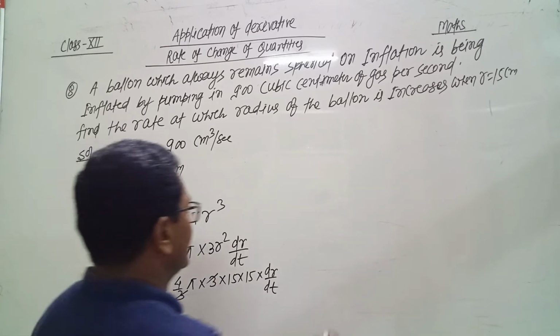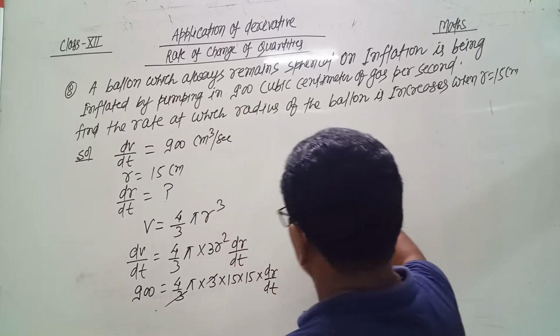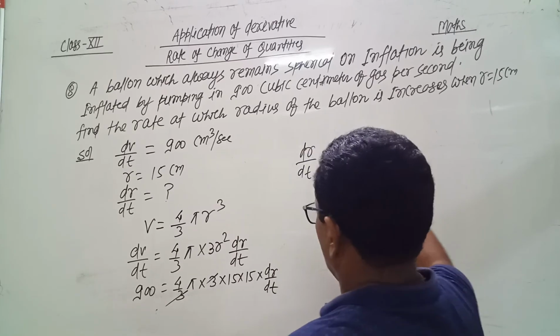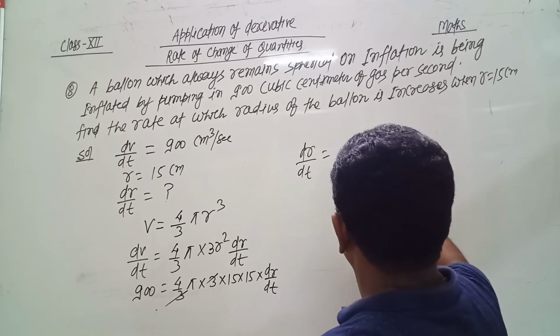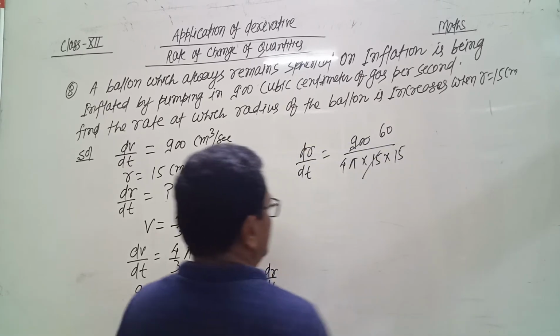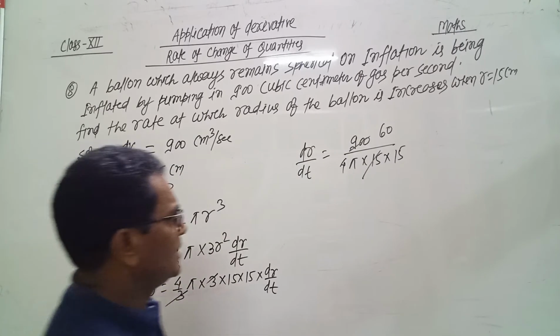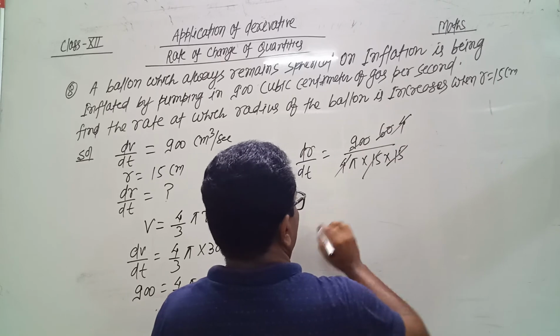3 and 3 cancel. So dr by dt equals 900 upon 4 pi into 15 into 15. So 15 into 60 is 900, and 15 into 4 is 60. 4 and 4 cancel.